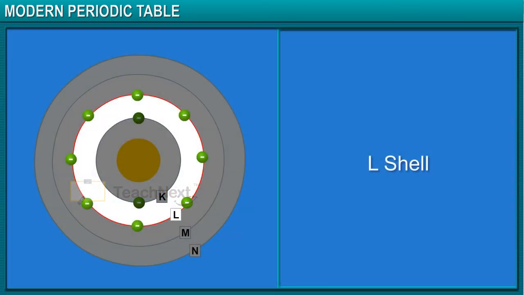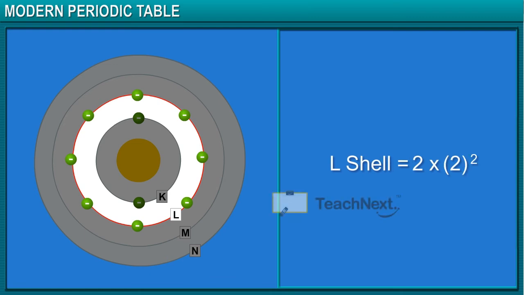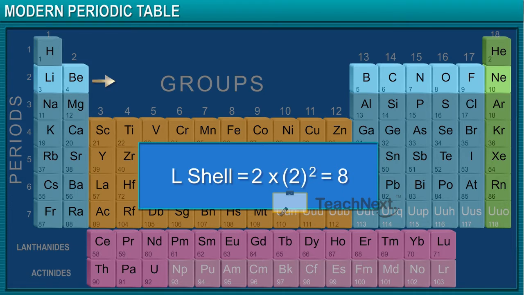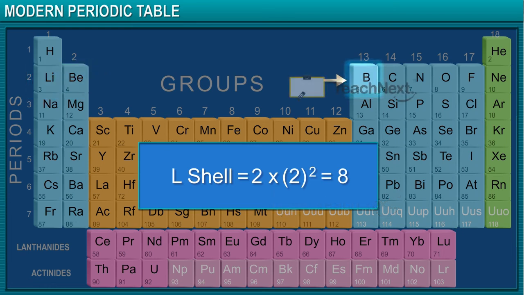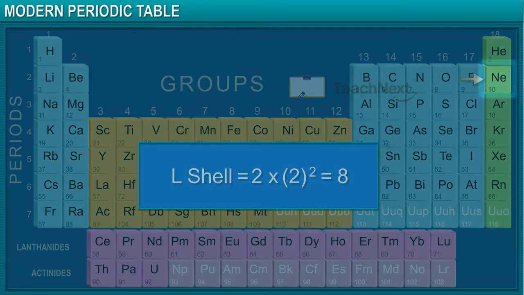L shell is equal to 2 multiplied by 2 raised to the power of 2, which is equal to 8. Hence, the second period has 8 elements, that is, lithium, beryllium, boron, carbon, nitrogen, oxygen, fluorine, and neon.